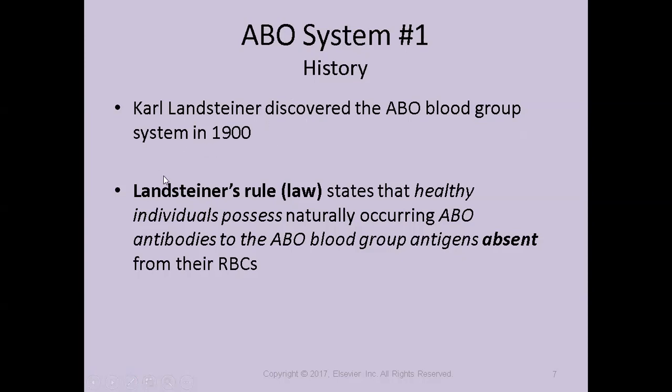And he came up with a rule called Landsteiner's rule or Landsteiner's law. His rule states that healthy individuals possess naturally occurring ABO antibodies to ABO blood group antigens that are absent from their red cells. And so we've talked about this previously.